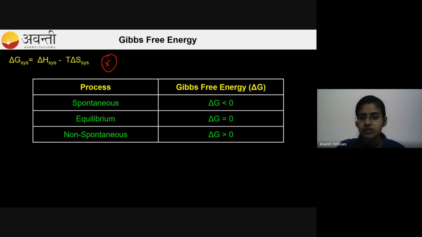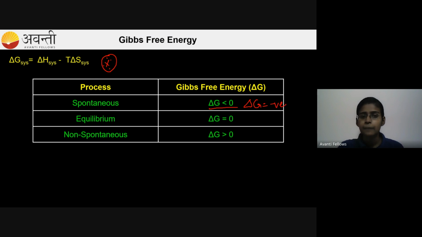Now we have three processes. One is spontaneous, equilibrium, and non-spontaneous. If the process has to be spontaneous, then it is compulsory that delta G should be less than 0. For all spontaneous processes, delta G will be less than 0, that is, delta G will be negative.